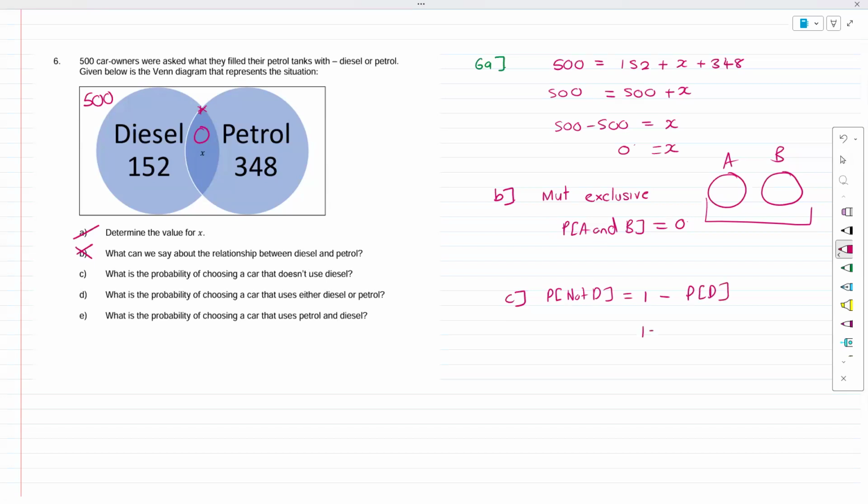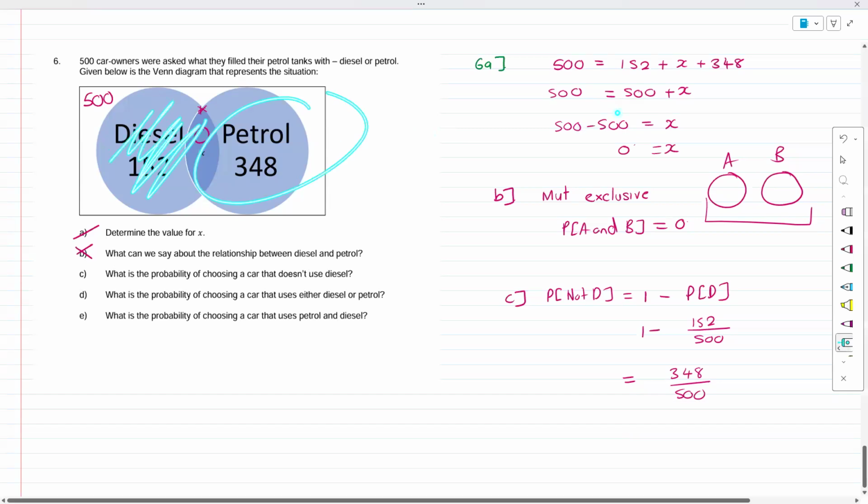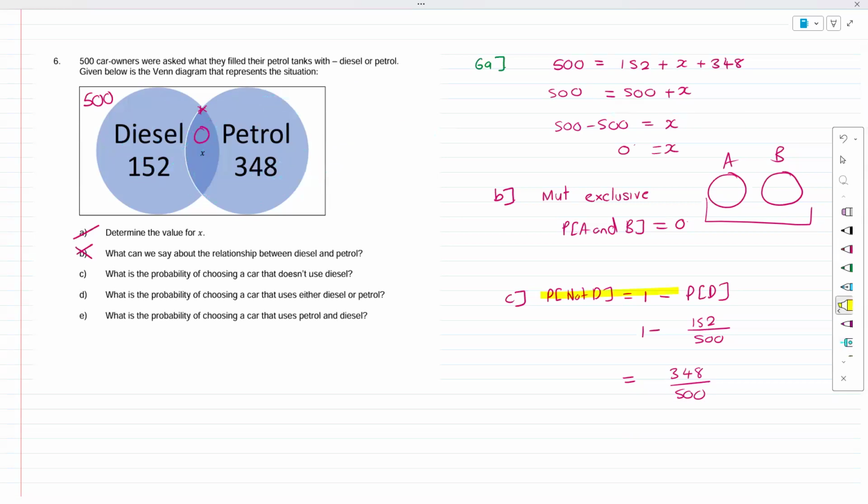Because it's the petrol. So it's 1 minus, and the probability of diesel is 152 over 500. And this will definitely give you 348 out of 500. Why? Because the probability of not diesel is petrol. But sometimes it's not going to be as easy as this. So learn this formula.